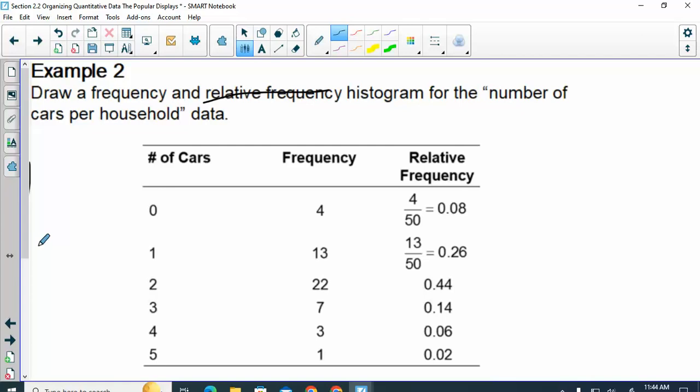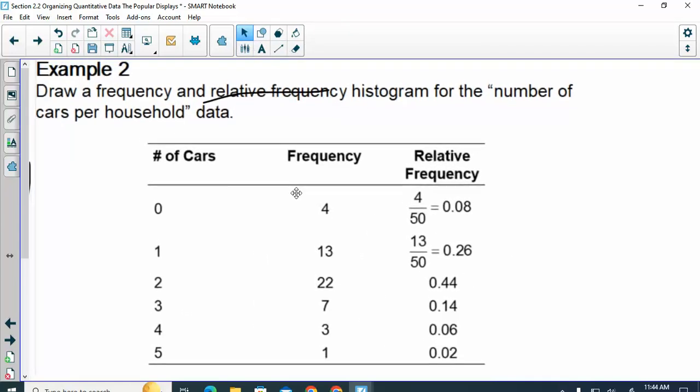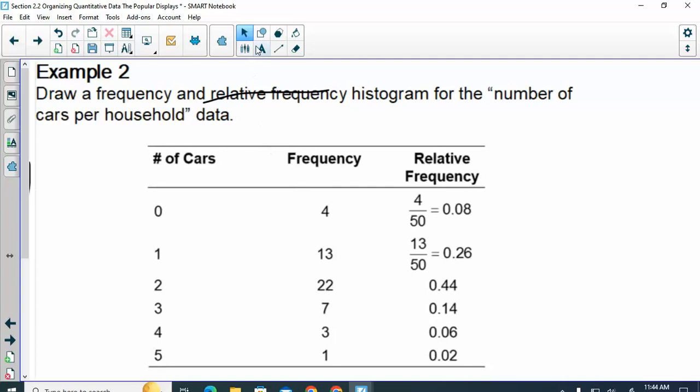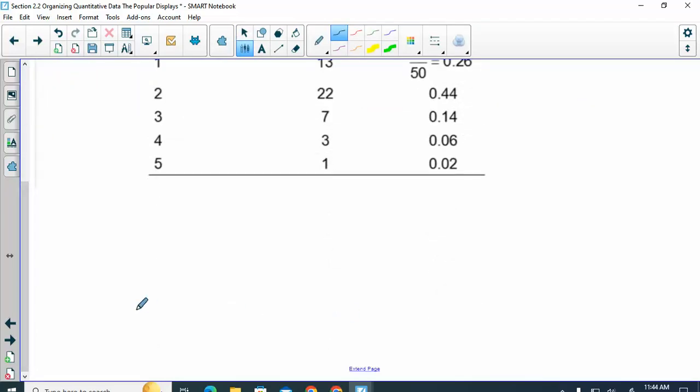When we do that, we need to make sure we are putting labels for the x and y axis. So what would my x-axis be? Number of cars. And then the y-axis would be the frequency.